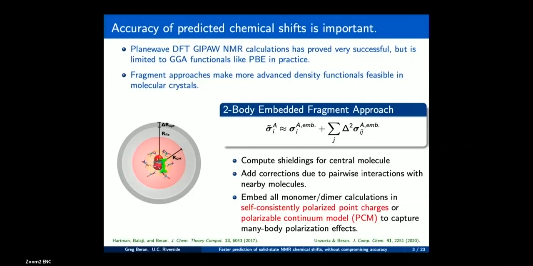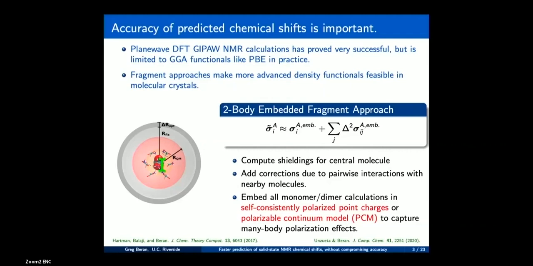We're going to calculate its chemical shieldings. And then we're going to calculate its interactions and how the chemical shieldings change due to other molecules in the lattice in a pairwise fashion. So we'd calculate that dimer and get an increment to its chemical shieldings, that dimer, get an increment to its chemical shieldings, and so on. And we'd sum over all the local dimers until we get an overall pretty good picture of the chemical shieldings and how each of those dimers influences the central molecule.